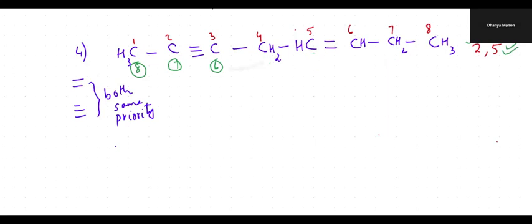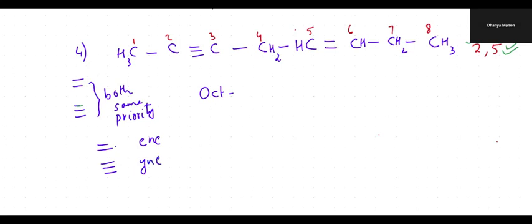Now, we already discussed that both double and triple bond have equal priority, the same priority. There are no substituents. So we will write the root word first, oct. There is a double bond; for a double bond, we use "-ene". If it's a triple bond, we use "-yne".